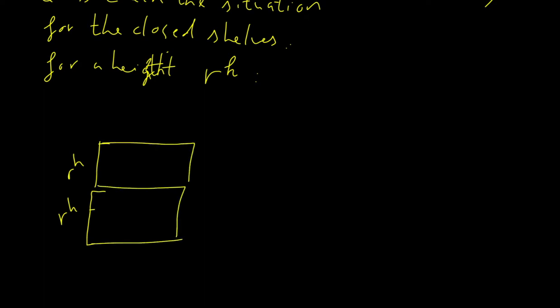Now there are rectangles or boxes packed here, and we can have an empty space on the upper part of the shelf, and we can have some other boxes on the second closed shelf of the same height, and of course we can have some empty space.